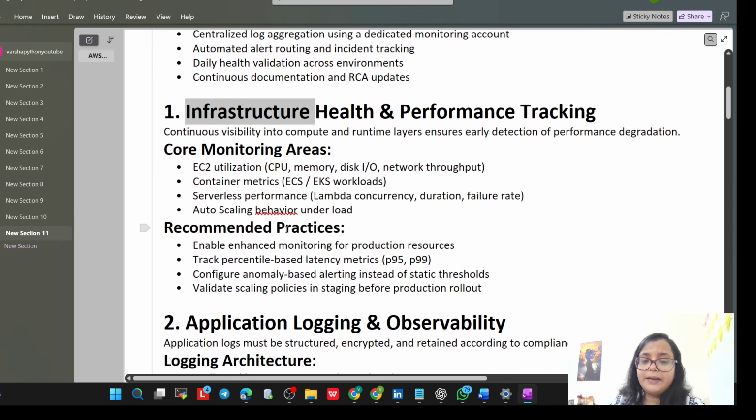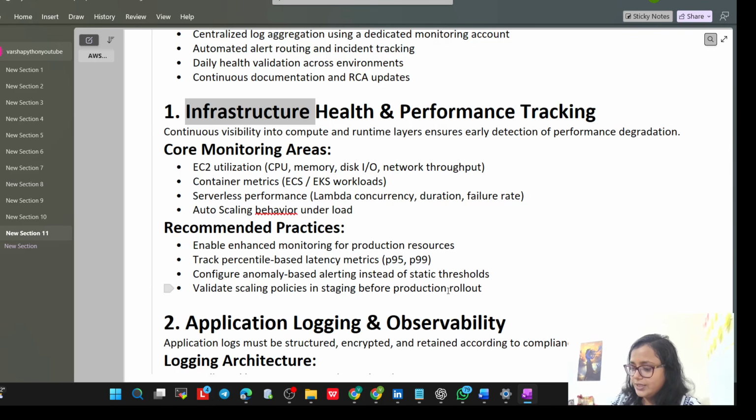The recommended practices are: enable enhanced monitoring for production resources, and track percentile based latency metrics. Percentile means percent wise. Configure anomaly based alerting instead of static thresholds, and validate scaling policies in staging before production rollout. Now a real-time example: in production, EC2 CPU suddenly spiked to 95% during peak traffic.